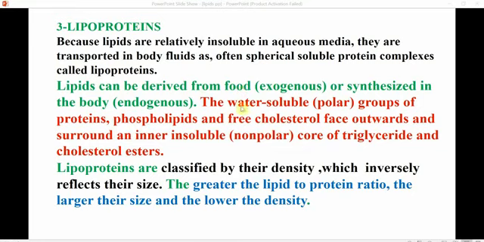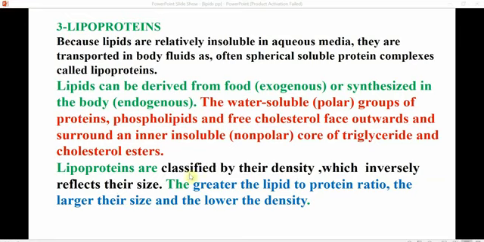The water-soluble parts, which represent the polar group of the proteins, also the phospholipids and the free cholesterol, face the outer part of the particles, surrounding the inner part, which represents the nonpolar core of the lipoprotein particles and contains the triglycerides and cholesterol esters.